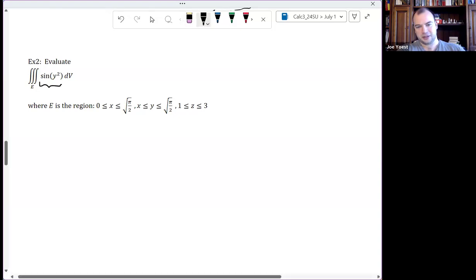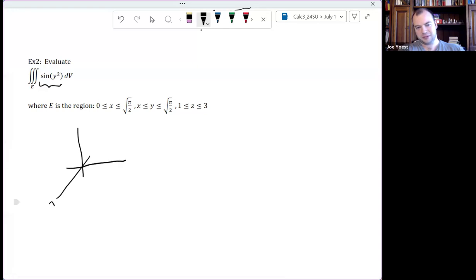Well, let's start by drawing out this region, this volume. I know z goes from 1 to 3. And then my x and y dependency is not affected at all by z.